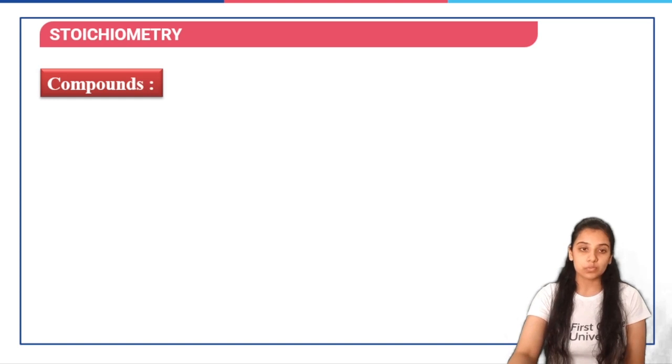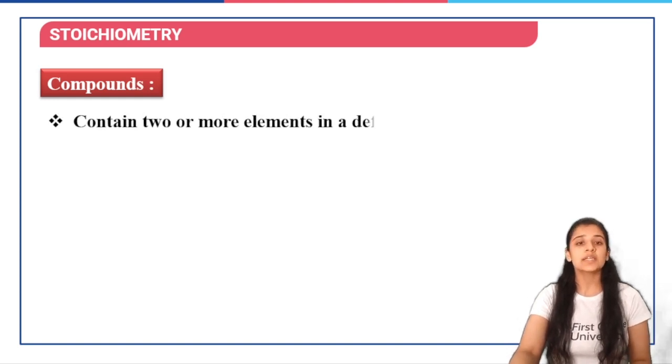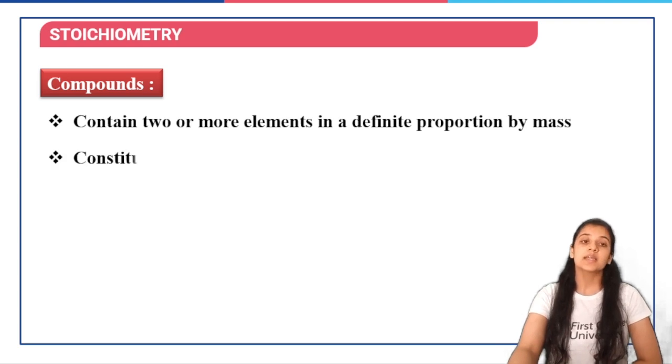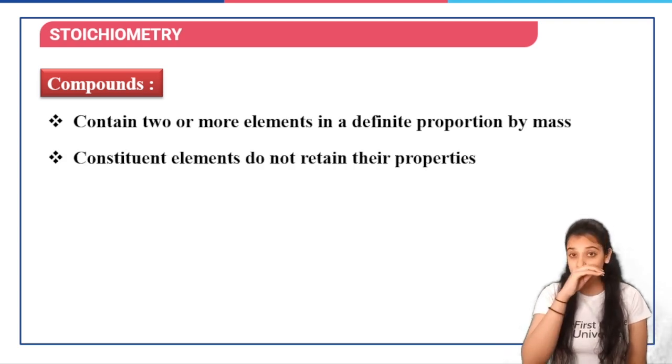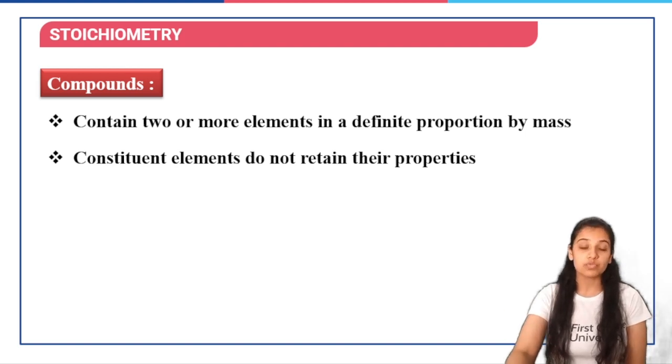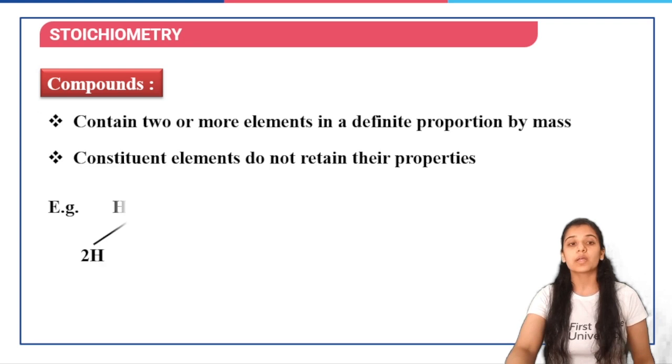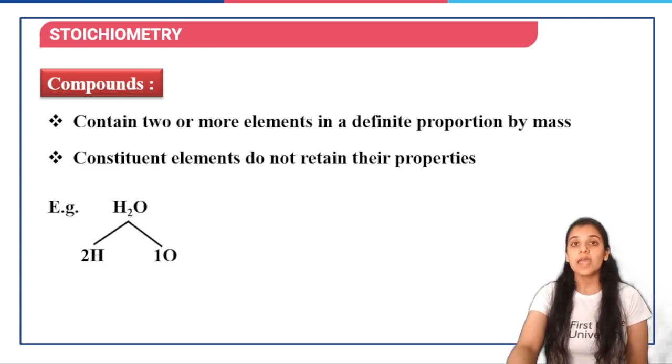Moving on to compounds. Compounds contain two or more elements which are taken in a definite proportion by mass, that I've already told you, and the constituent elements will not retain their properties. So if we talk about a compound, say H2O, that is water, it comprises two atoms of hydrogen and one atom of oxygen.